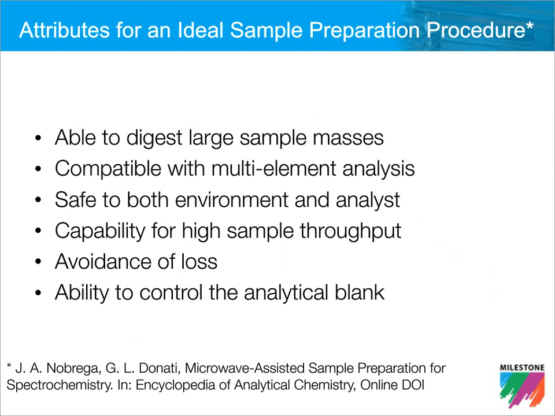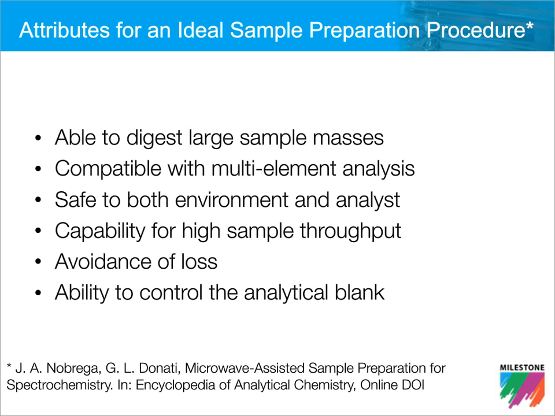So when we think about the ideal sample prep procedure, whatever it is, what are the important attributes? Well, certainly we want to be able to digest large sample masses. Although it's not necessarily the case, sometimes we need to digest large sample masses because of detection reasons, or because we need to get a representative sample. Food, for example, is notorious for needing a large sample so that we can get reproducible data.